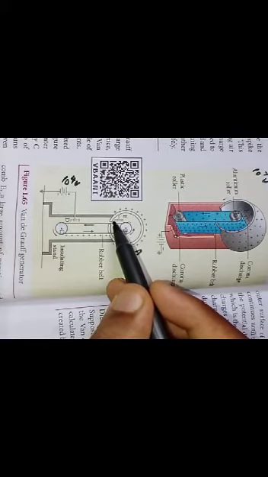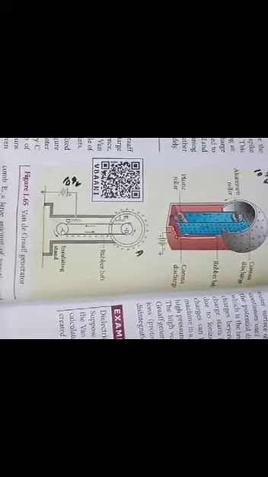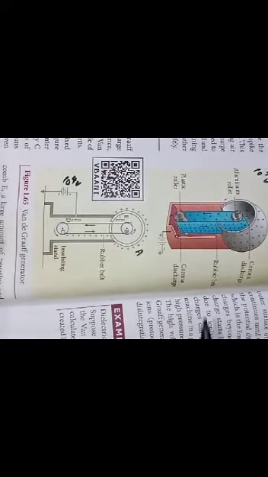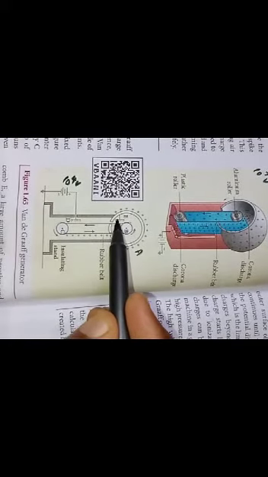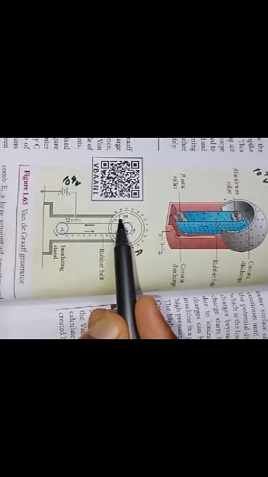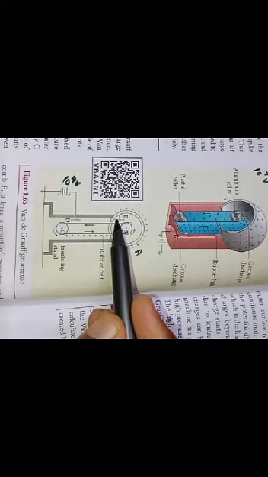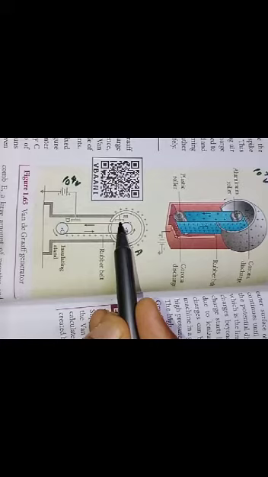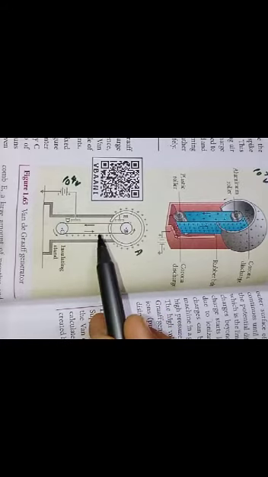At the spikes there are negative charges due to electrostatic induction. Now due to the action of points, these negative charges ionize the surrounding air molecules, producing positive ions and negative ions. The negative ions are repelled and the positive ions are attracted.